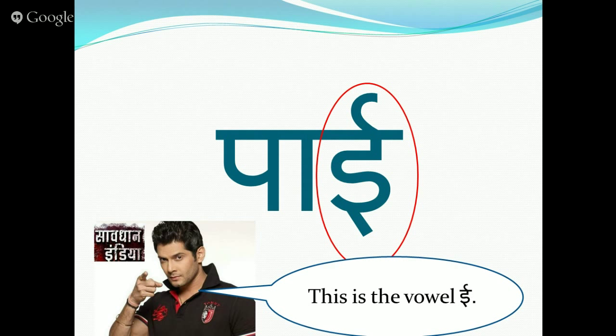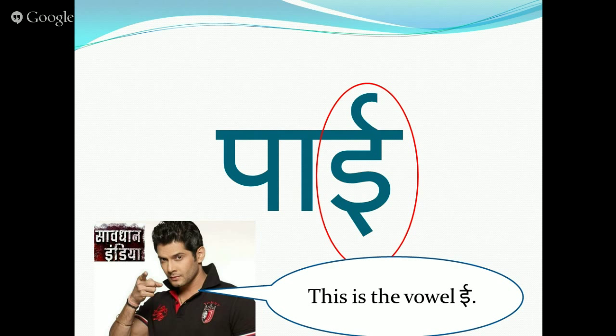So remember that conjuncts are only there to join two consonants. What is a consonant? Anything in Hindi that is not a, I, u, o, a, and re. Those are the vowels.